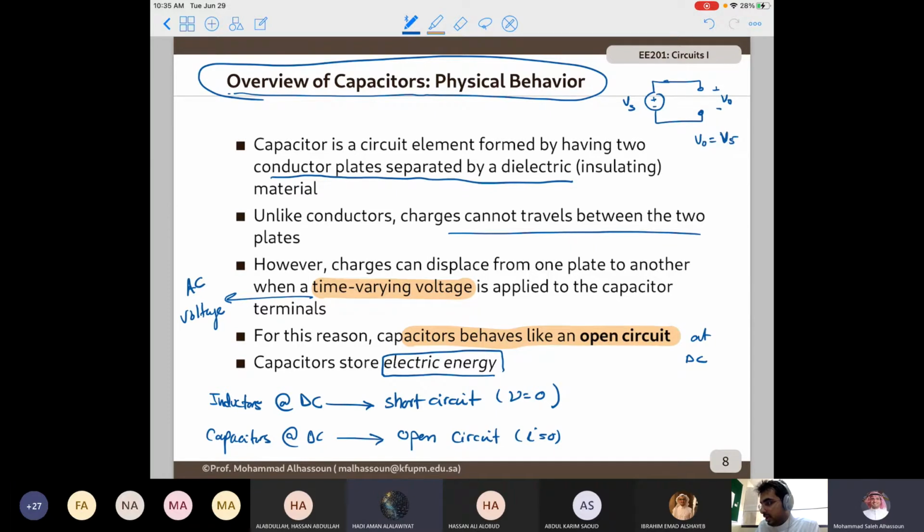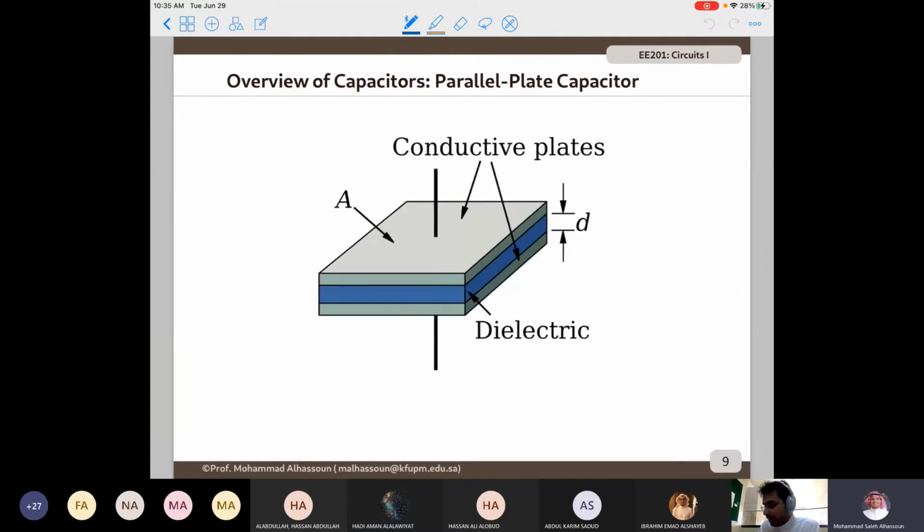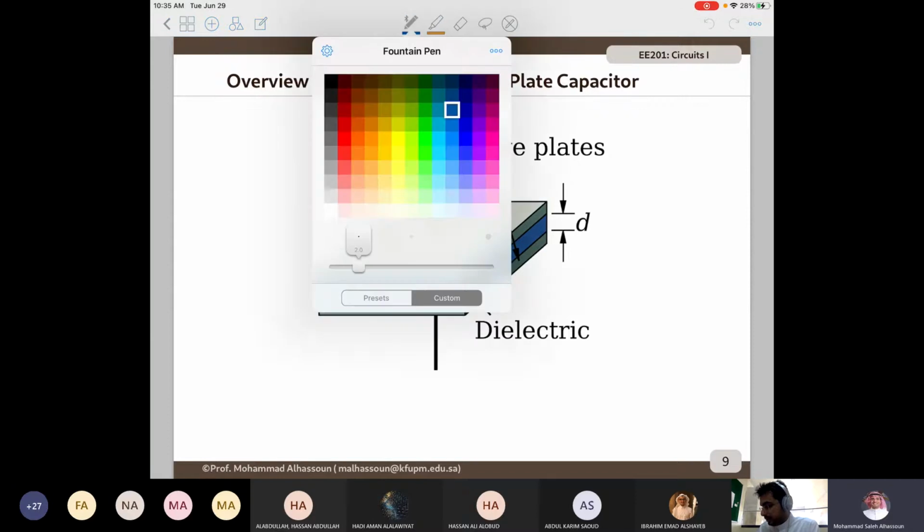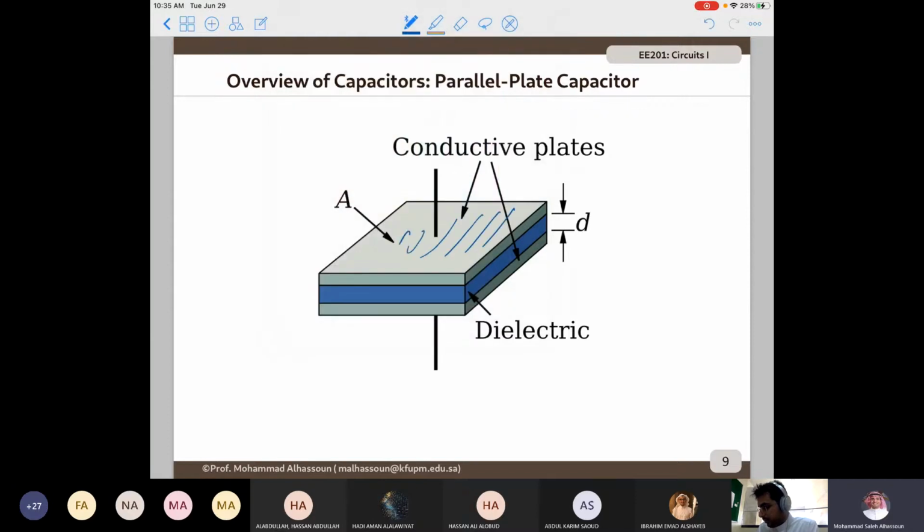Yes. If I tell you that I have a capacitor, and in this capacitor this is a conductor, this is also a conductor, and the one here is actually a dielectric or insulator. If you have this situation, what do you think about the current?